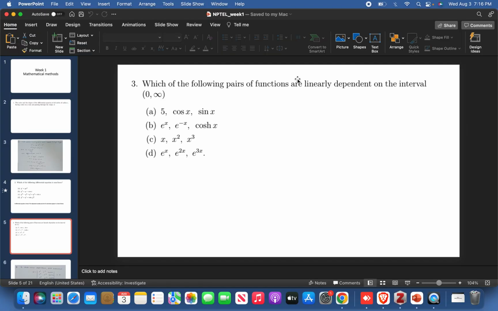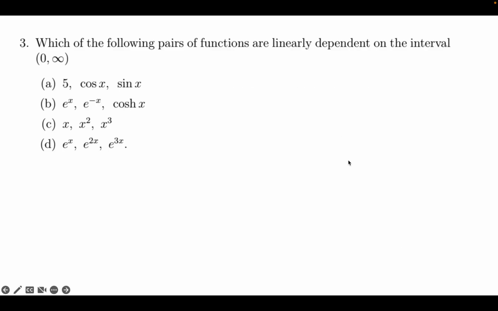I hope you all know how to solve this problem. The main idea is that you need to write the determinant of the Wronskian, and if that determinant is 0, then these functions are linearly dependent, and if the determinant of the Wronskian is not equal to 0, then those functions are linearly independent.